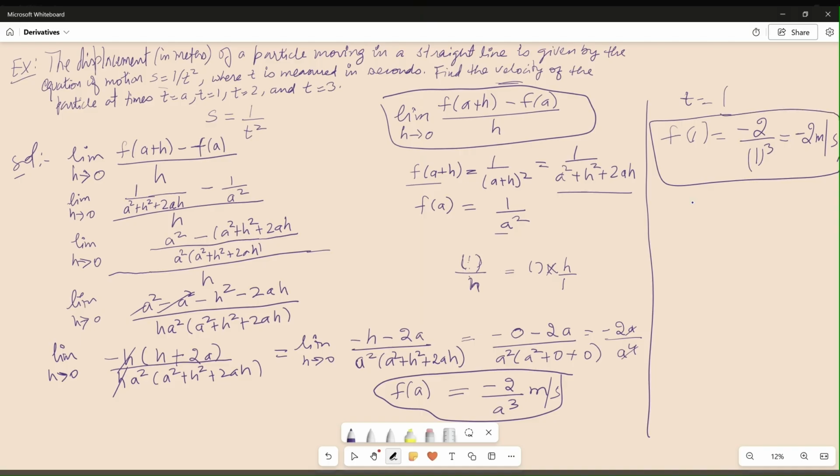When t is equal to 2, f prime of 2 is negative 2 divided by 2 cubed. You can also write it down this way so it's easy, it cancels out. We are left with negative 1 over 4 meters per second.